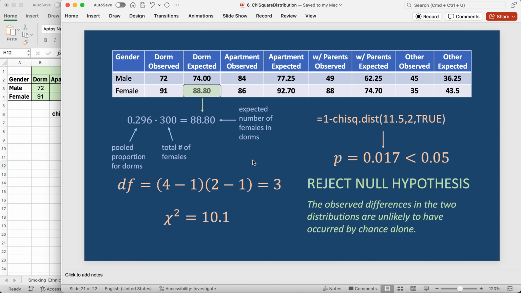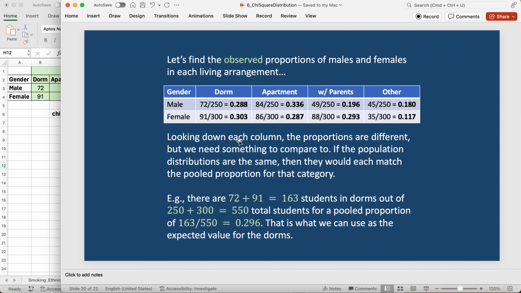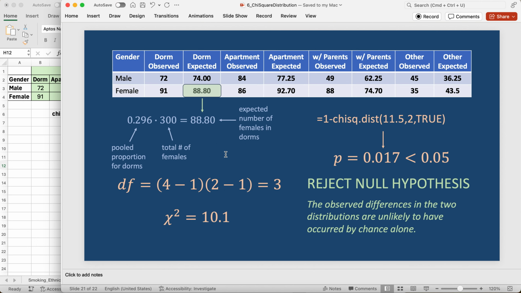All right. From those pooled proportions, we can calculate the expected number in each dorm situation, in the same way we did for the independence example. So we take the 0.296 in this case, multiply it by 250 to get the number of males, and multiply it by 300 to get the number of females. So that's where these numbers come from. So 0.296 times 300 gives you 88.8.